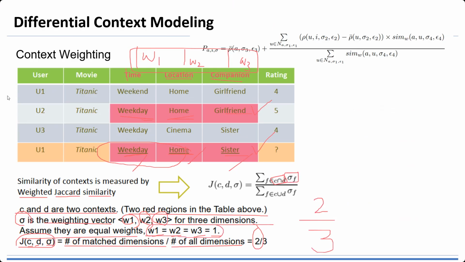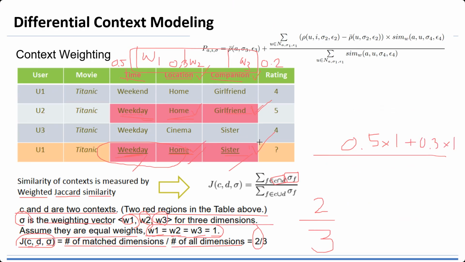It means if I want to have the weight for time as 0.5, location is 0.3, and companion is 0.2, then I will do 0.5 multiplied by 1 because there exists the same attribute for the time, plus 0.3 multiplied by 1 because there exists the information at home, and no information about the companion.